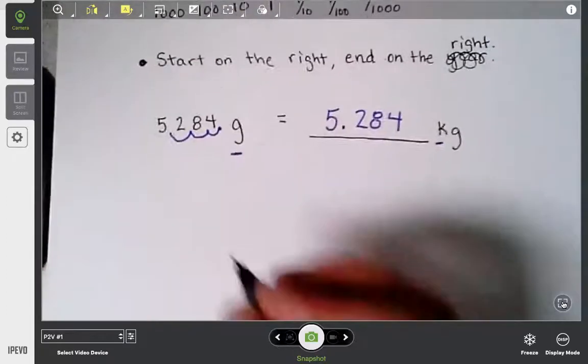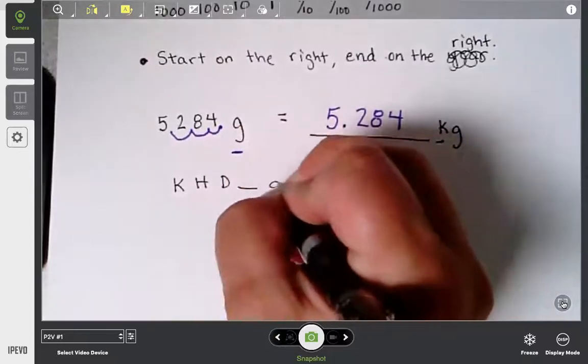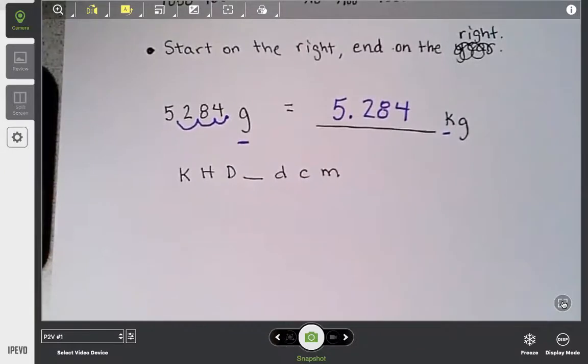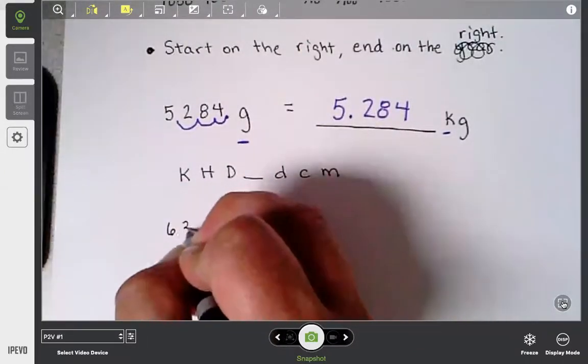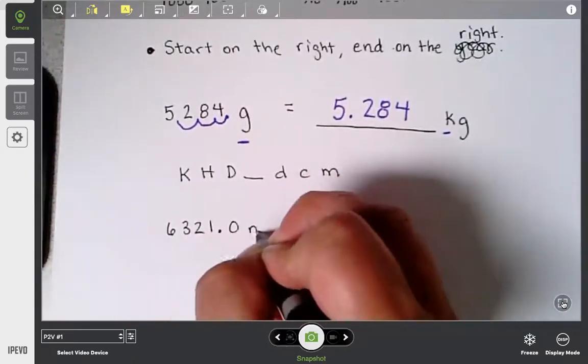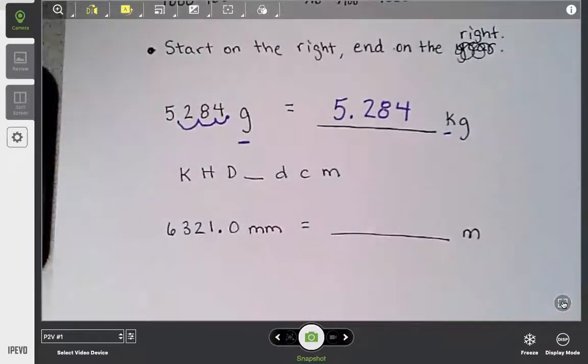All right, let's do another one. Let's say we have 6,321.0 millimeters, and I want to know how many meters that is. All right, so which of these is millimeters?